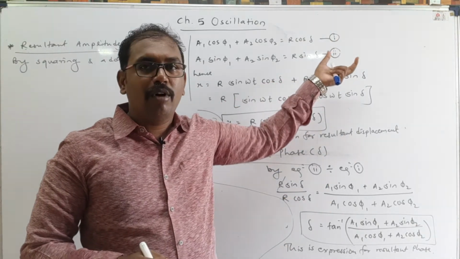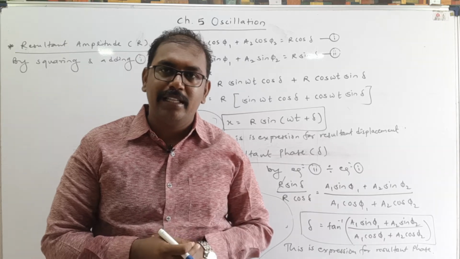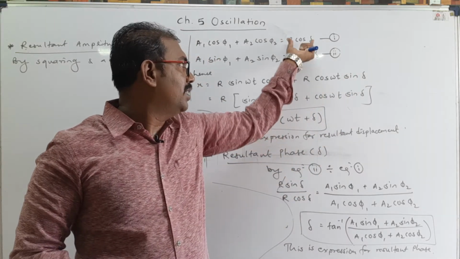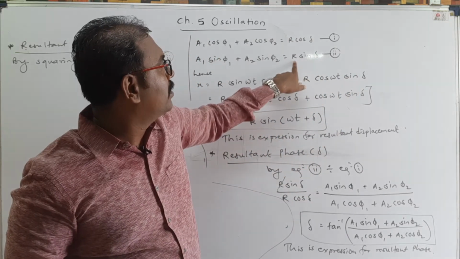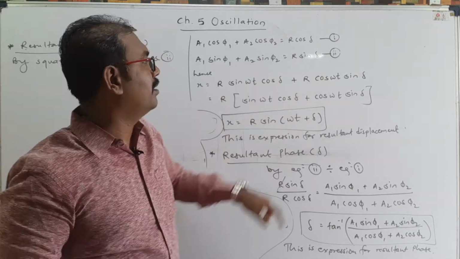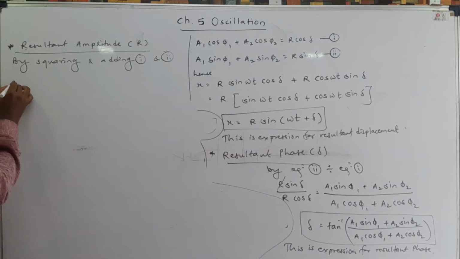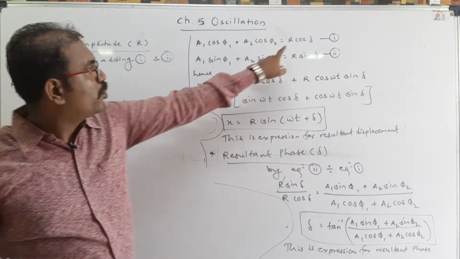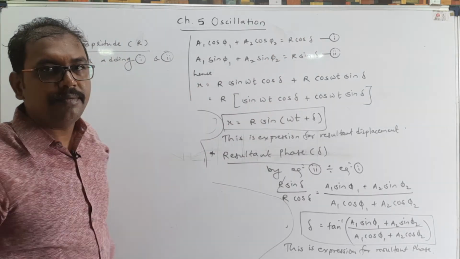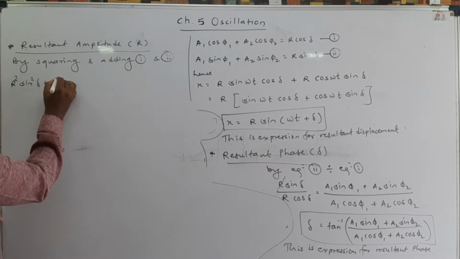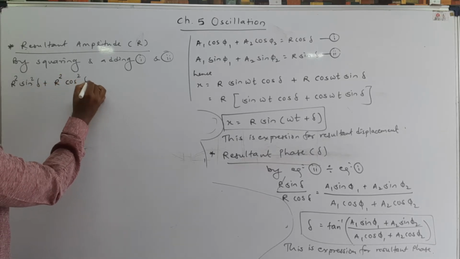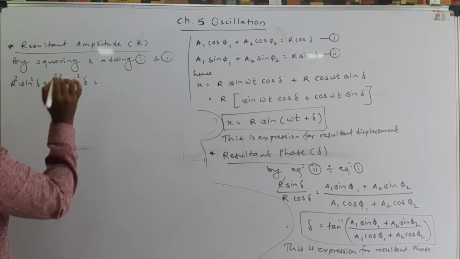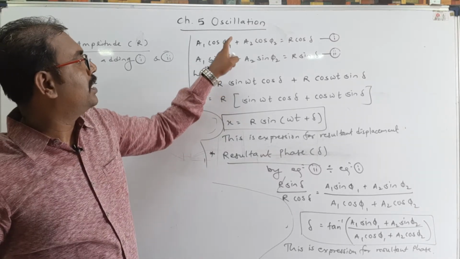This side is smaller, the right hand side, so I can square this side: this square plus this square. The square of this is R square sin square delta, plus the square of this, R square cos square delta, is equal to the square of this plus the square of this.